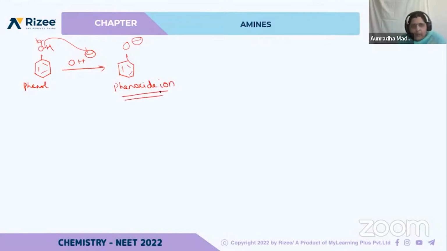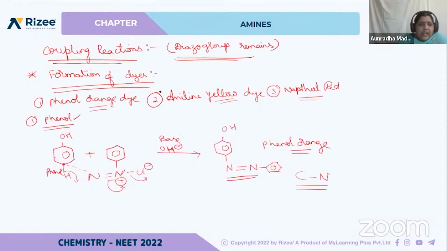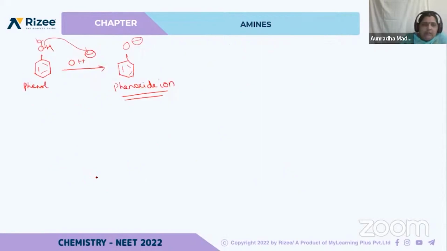So now I got a doubt. Here O minus is there. Why can't O go and do coupling with nitrogen? Why is only carbon interested in coupling with nitrogen, but not this oxygen, not this phenoxide ion?